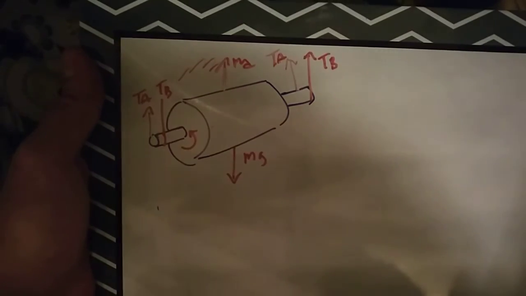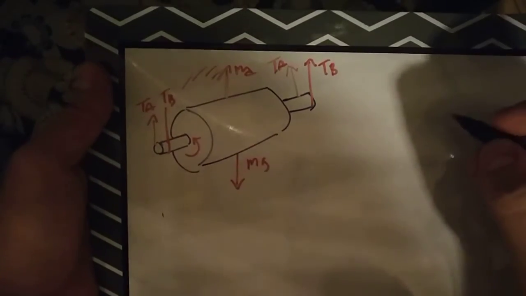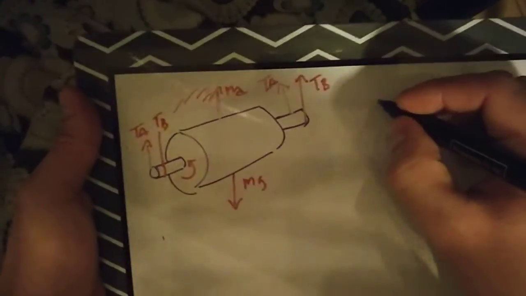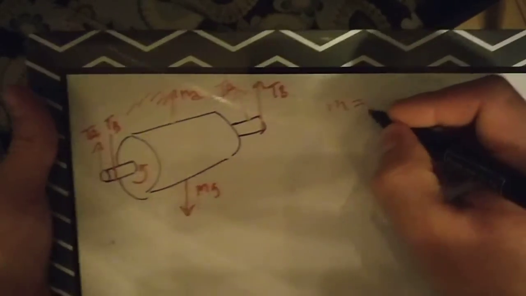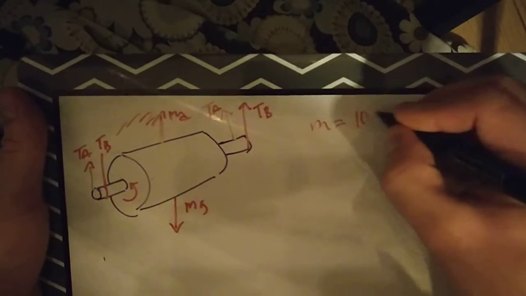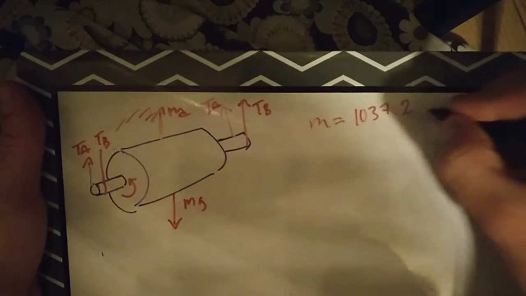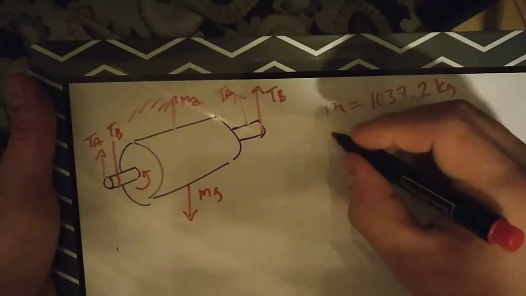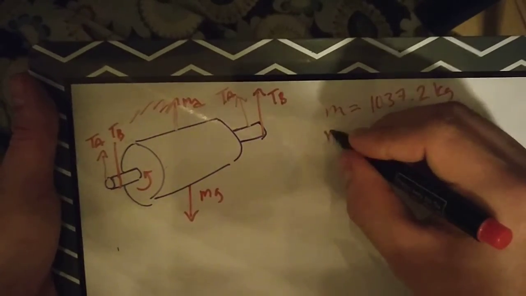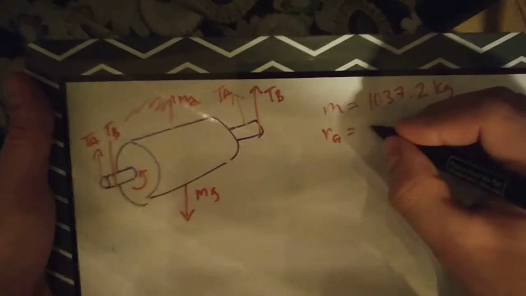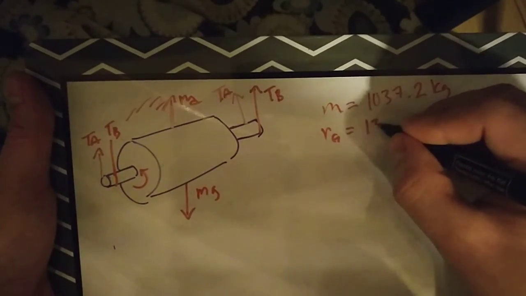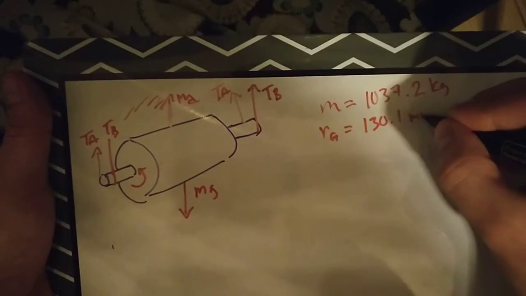Okay, we are given some things. We are given the mass, and that is equal to 1037.2 kilograms. We are given the radius of gyration, and that is 130.1 millimeters.